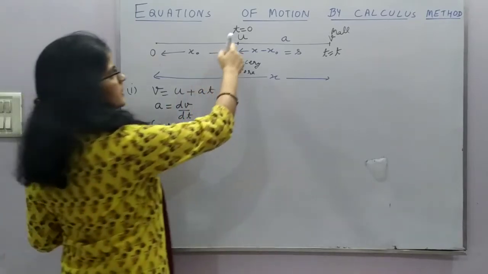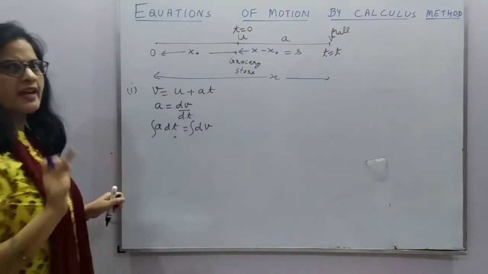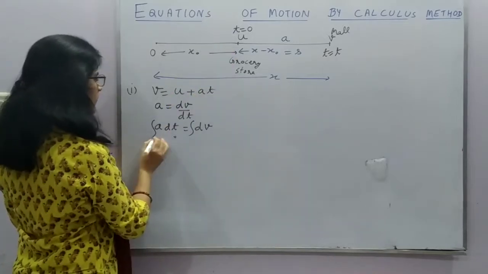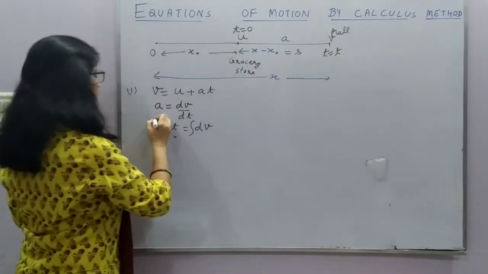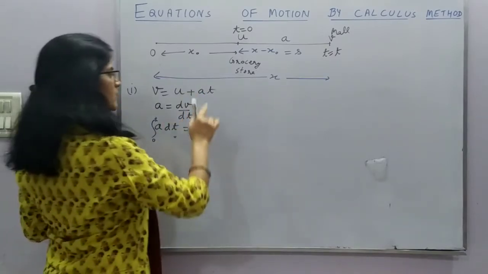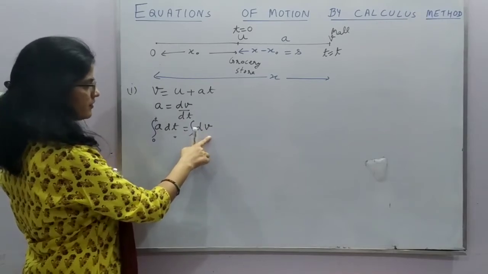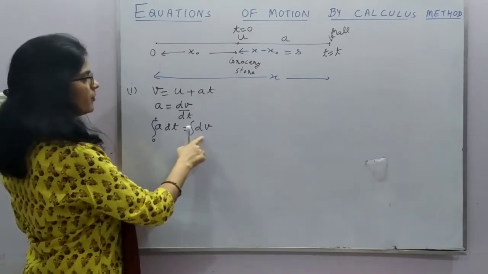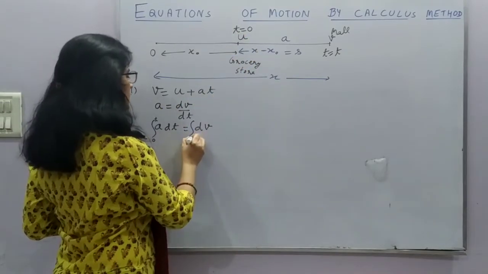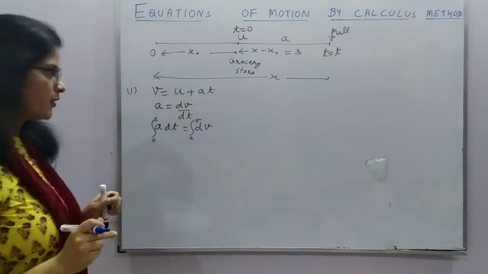I am observing the motion from this point to this. So for time, what are the limits? Lower limit is 0 and the higher limit is t, right? And if I am talking about velocity, here this is integrated with respect to velocity, right? So for velocity, lower limit is u and final limit is v, right?